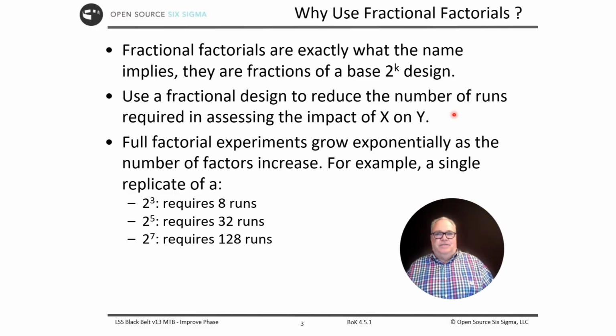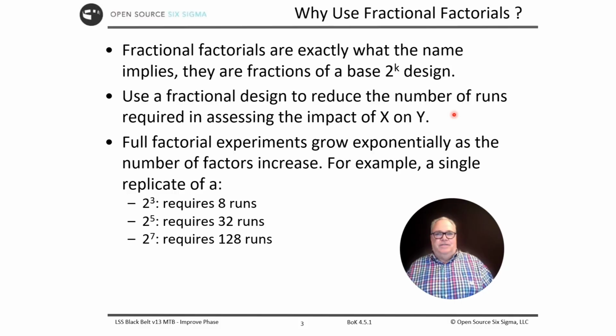Nomenclature for fractional factorials. It gets really kind of funny in here. So there's our 2 to the k. So that's our base design. That should look familiar. This is the experiment it would be if we ran a full factorial. Then we're going to subtract the fraction. So what is the degree of our fraction?